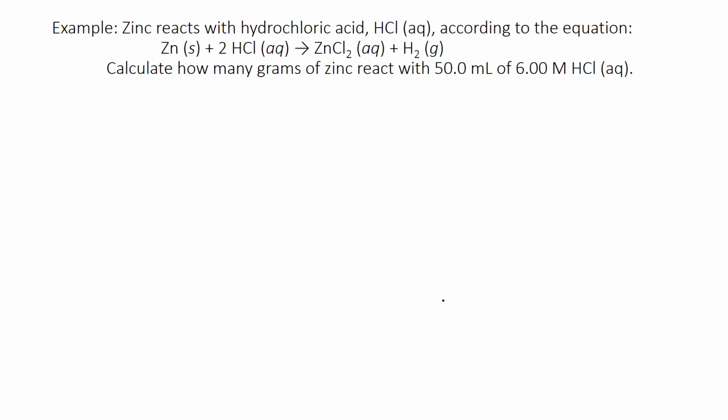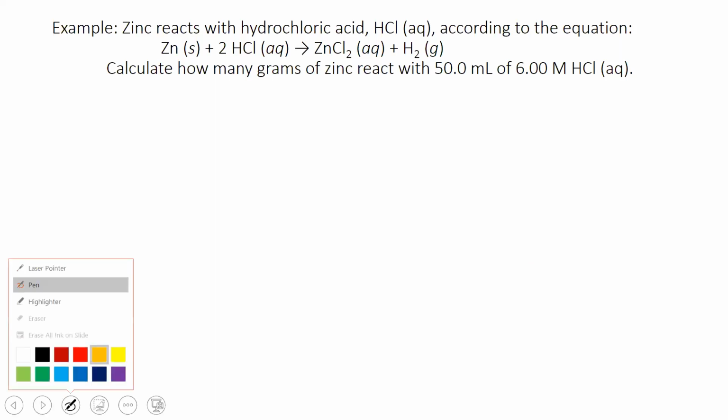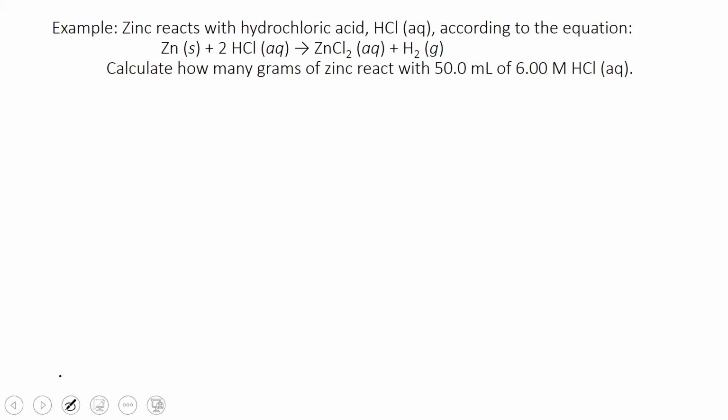In this reaction we've got zinc reacting with hydrochloric acid. It asks: how many grams of zinc react with 50 milliliters of 6 molar HCl? I know how much of one reactant I have, the hydrochloric acid, and I want to know how much of the other reactant will react.